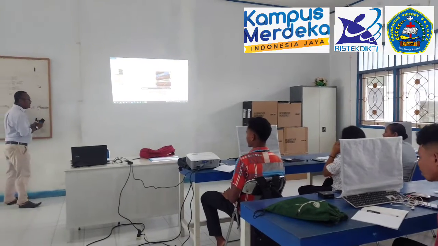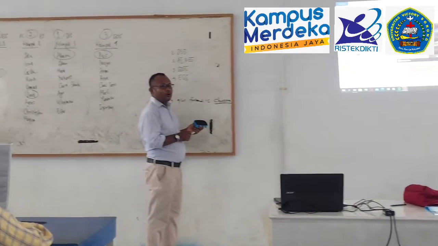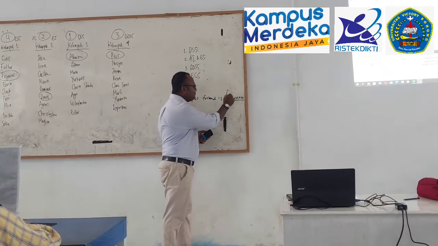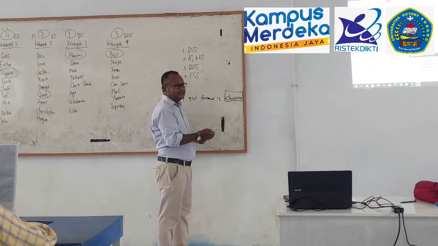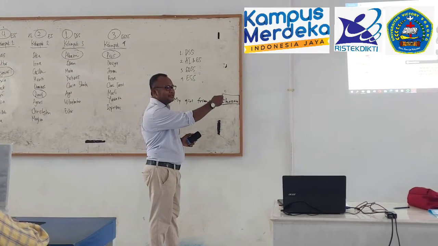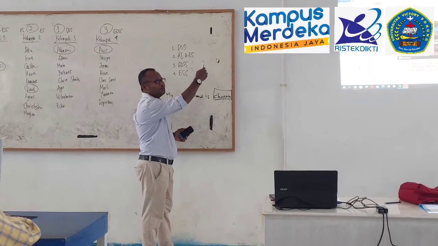So when we talk about referential meaning, we talk about the object of a name, the object of a place. For example, I want to go to Saga Market. You know Saga is in Sorong.